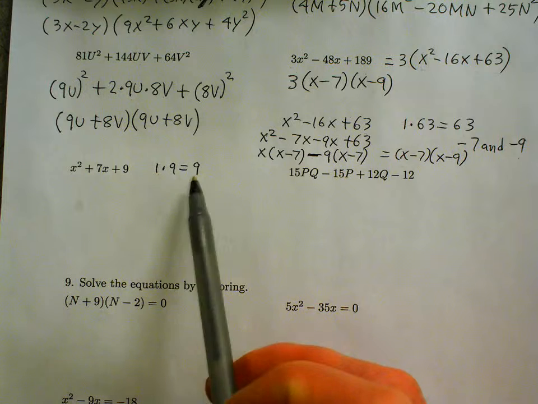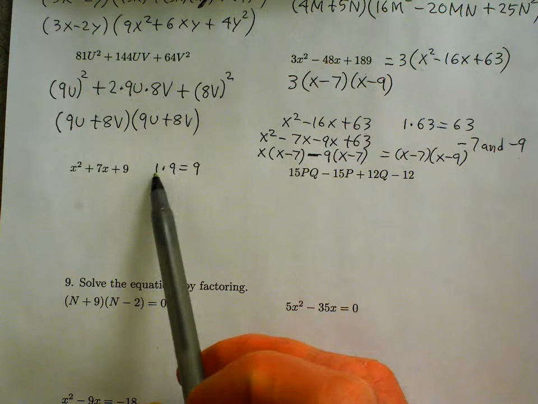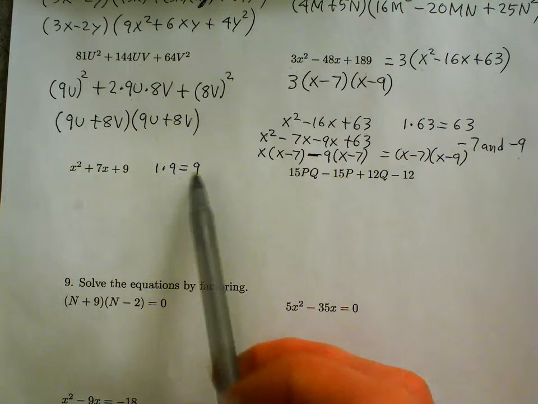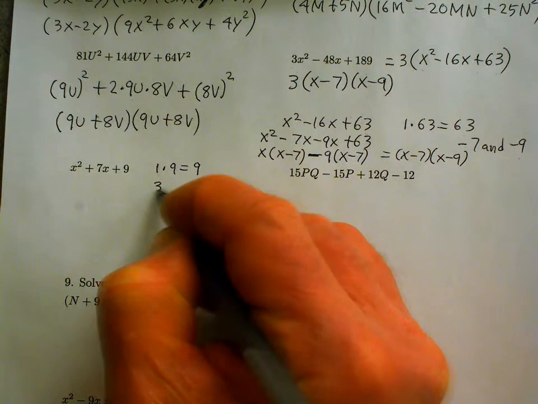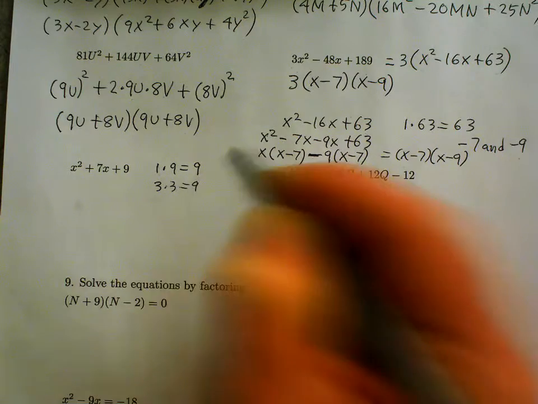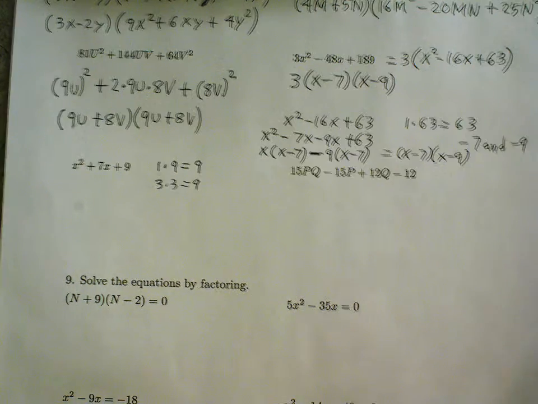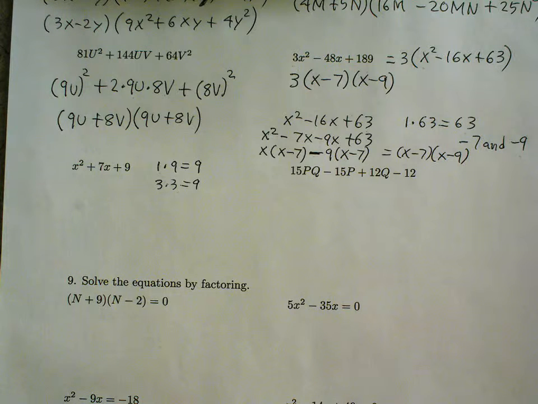Well, both must be positive. At the extremes, we have 1 times 9. Those add up to 10. The next pair of integers to test, 3 times 3 is 9, but 3 plus 3 is 6. And there's no other pair of integers to test.